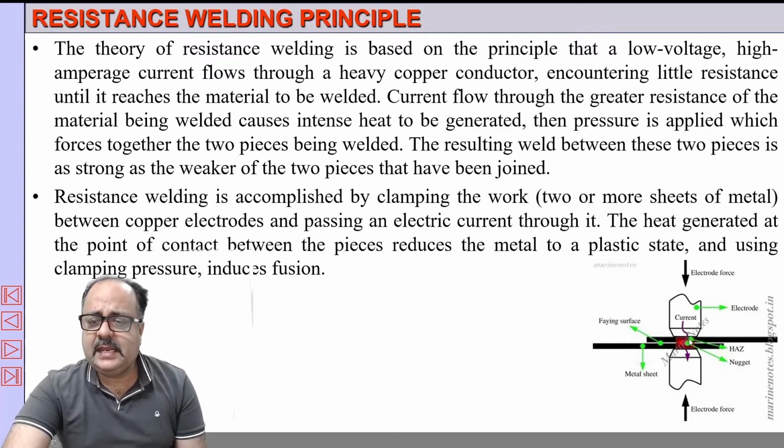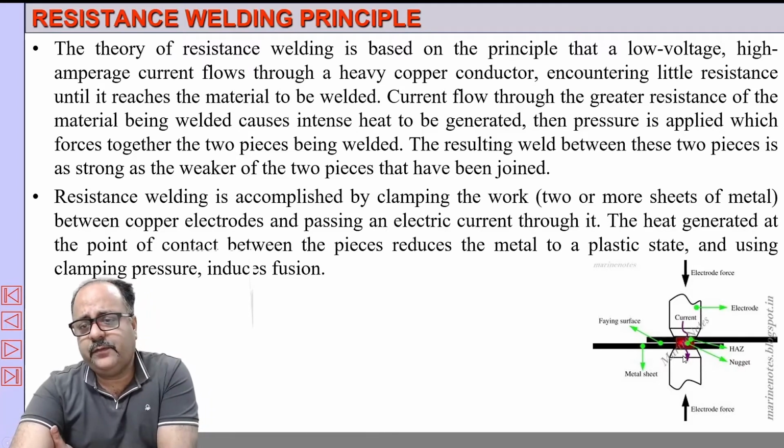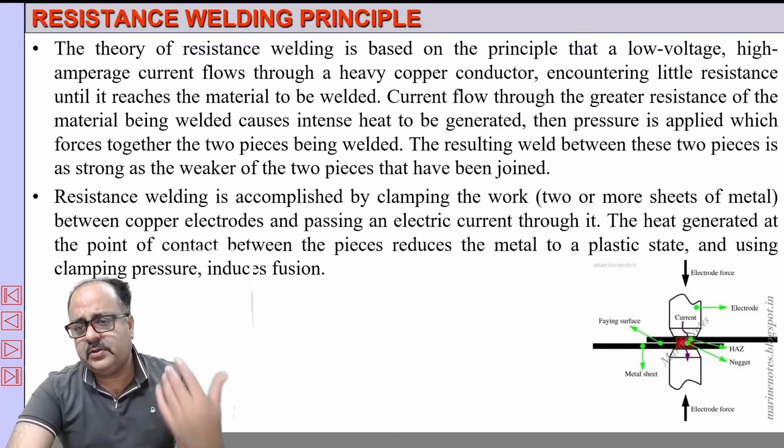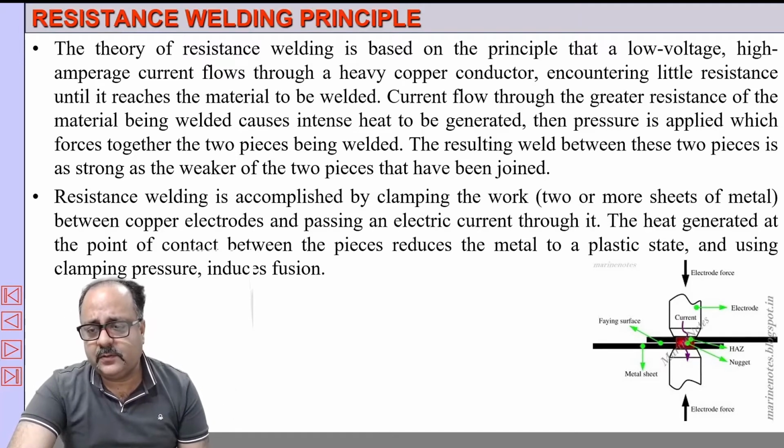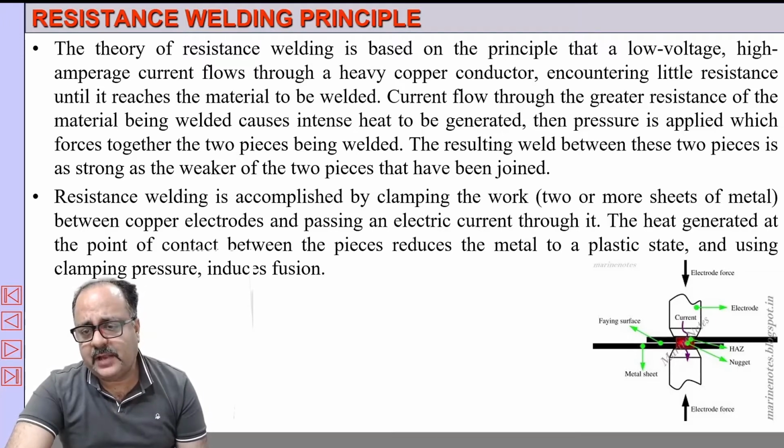The contact area between the electrode and the workpiece is very small, and high amperage current is made to pass in the range of 1000 ampere, 2000 ampere, 3000 ampere, depending on the thickness of the workpiece, for a certain duration of time.